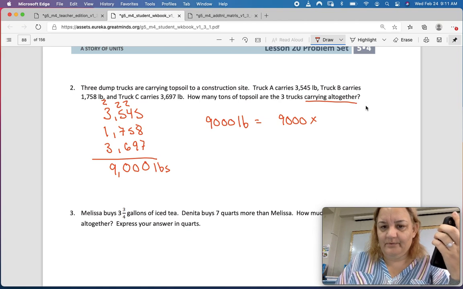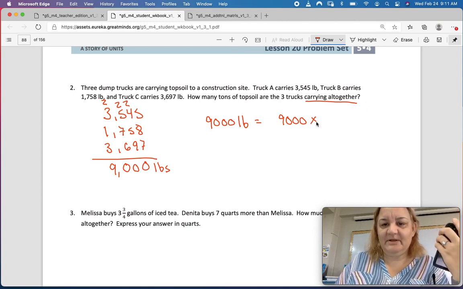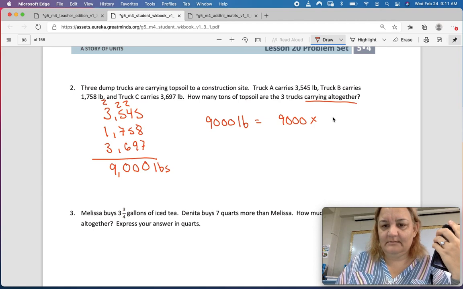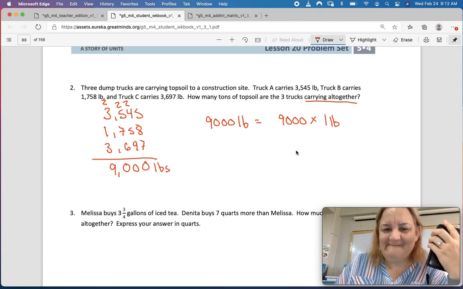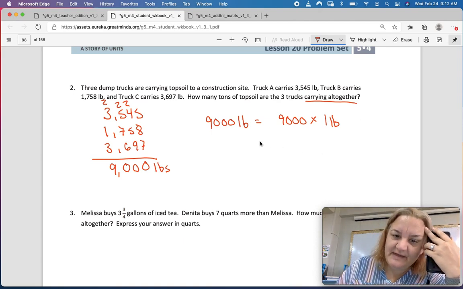So we need to multiply, let's see, times 1 pound. Hang on. And a ton is 2,000 pounds.